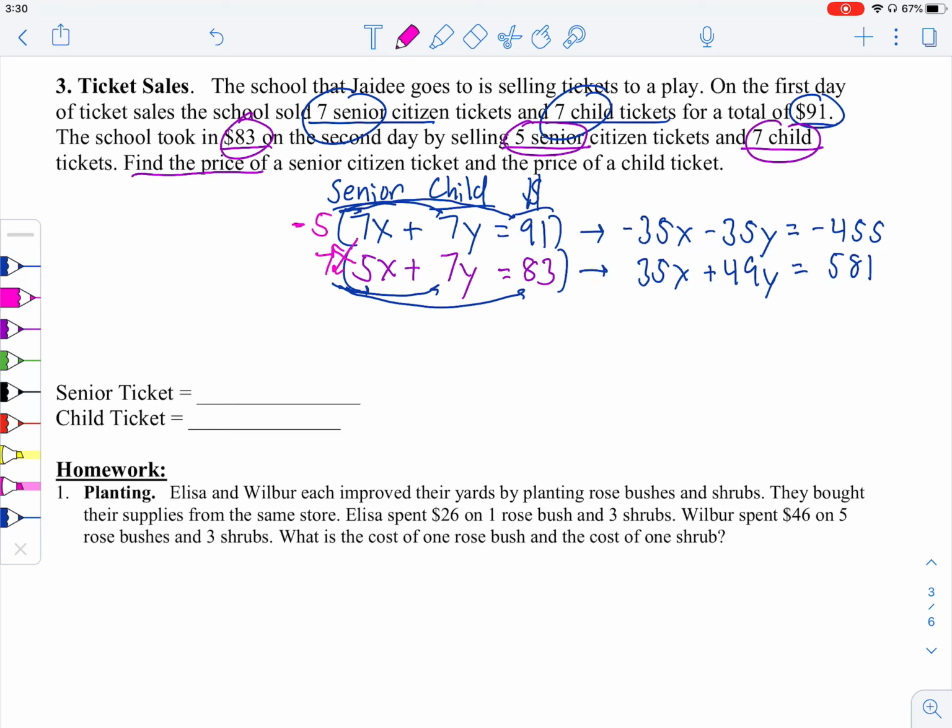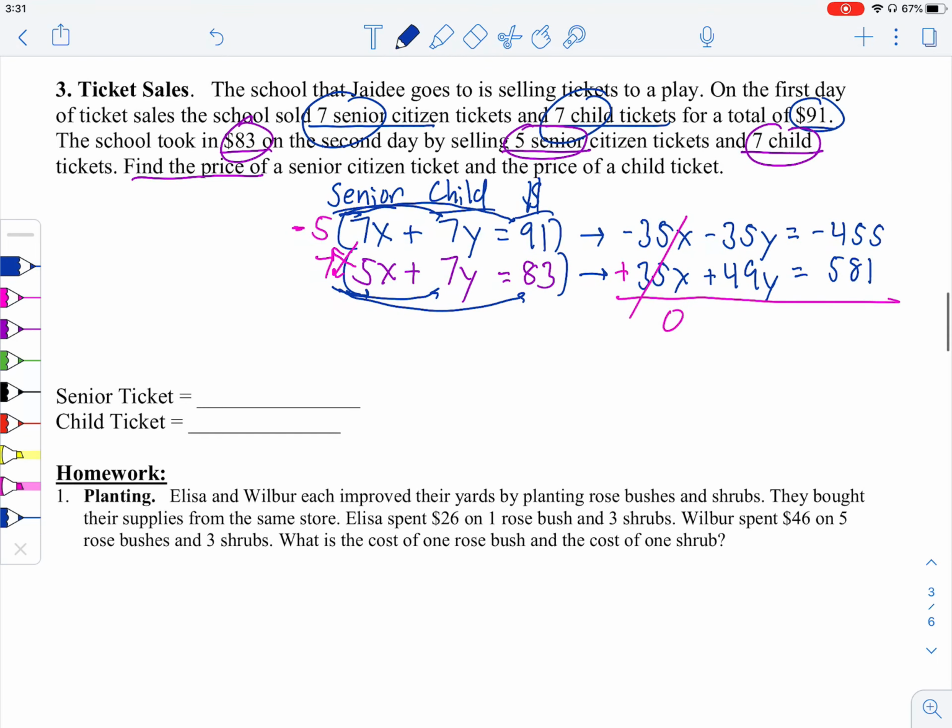Then we add to eliminate, right? Our x is going to cancel out. We're left with negative 35y plus 49y. It's going to be 14y equals negative 455 plus 581.